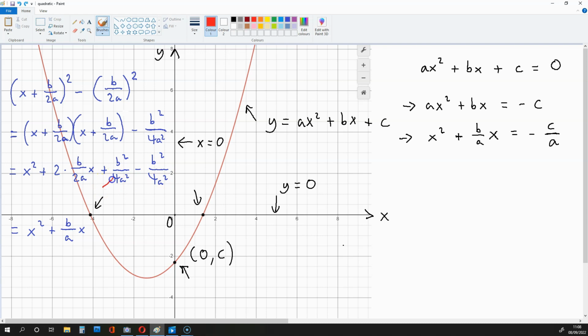These two cancel each other out, and the 2's cancel each other out. So what we are left with is x squared plus b over a times x. So this is equal to this up here.